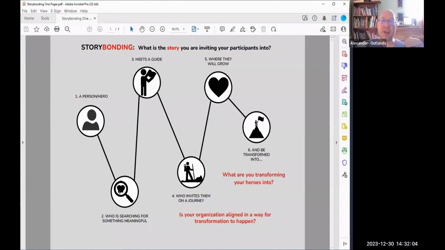So beyond even paths of service or whatever, but how they act and participate in the SCA. Are we helping train those things? So really looking at what are our events, what are our practices, when do we get together? Are those things aligned to help our people grow, right? Which is kind of a big thing, because we could keep doing the same old thing all the time and people really aren't growing.